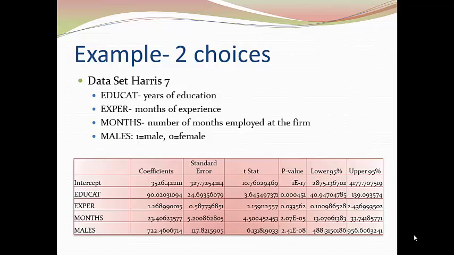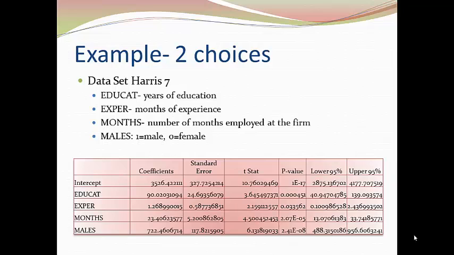So when that characteristic is present, it tells me the change in my dependent variable as a result of that characteristic relative to my reference group. That's why I'm saying that males make on average $722.46 more than do females.